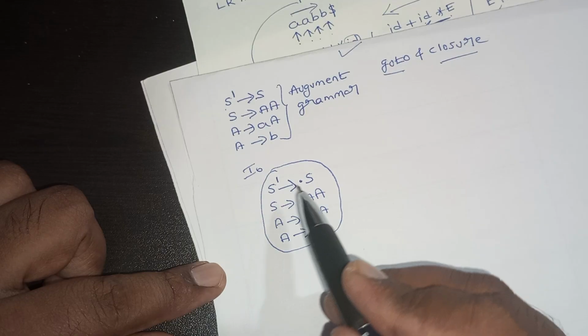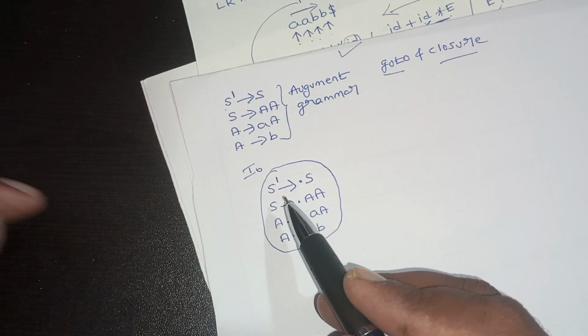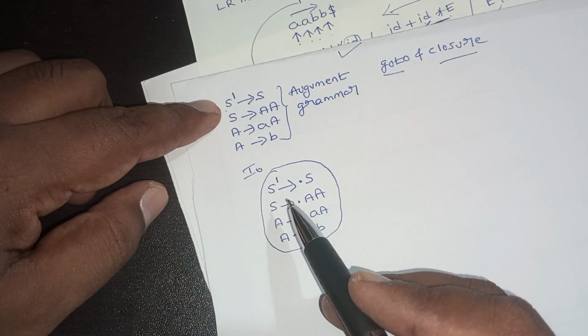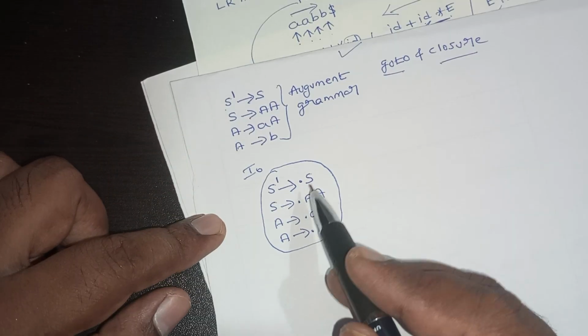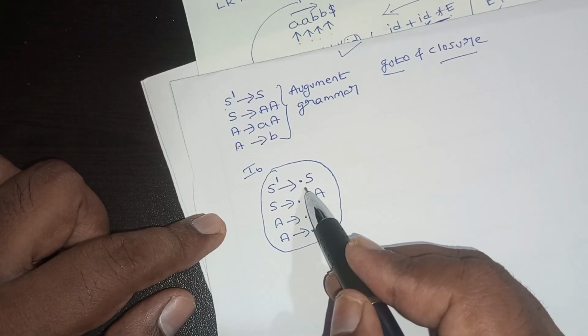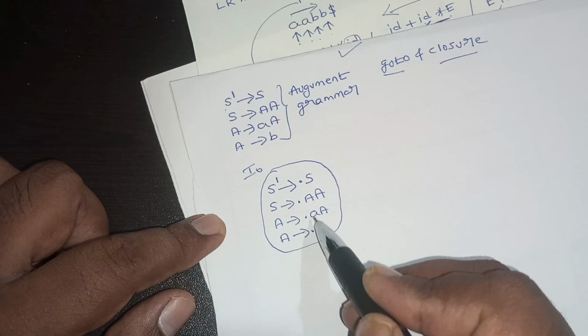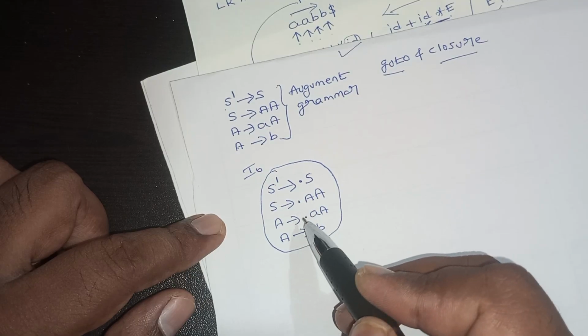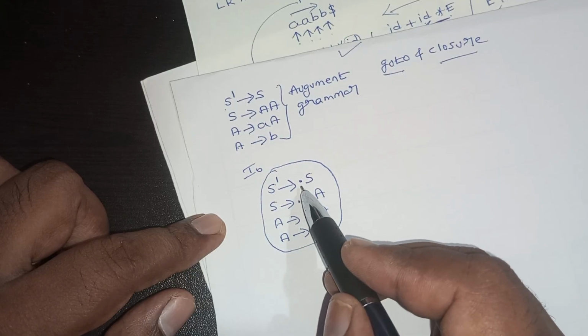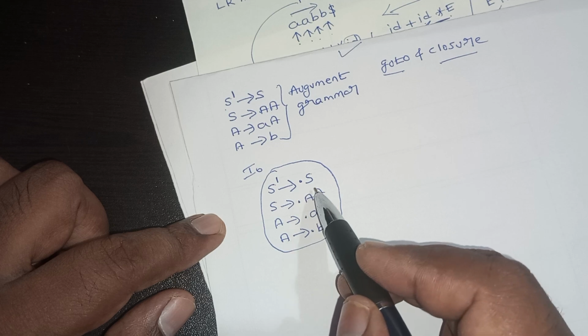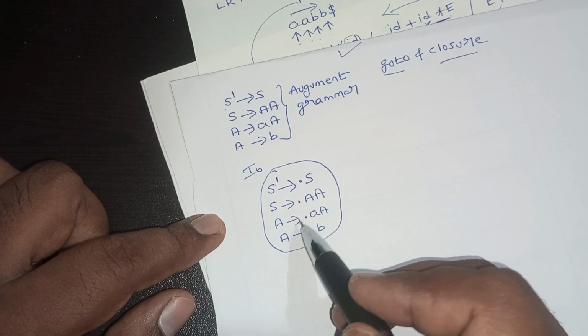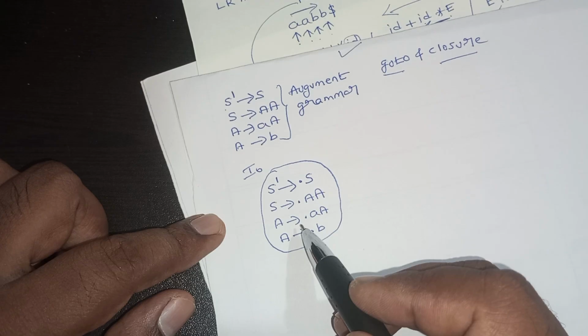What is the closure? First of all I am taking the first rule, that is S' tends to dot S. The rules of S you are adding for the remaining. Because there is a dot to the left of S, you have to add the remaining rules, that is called closure.